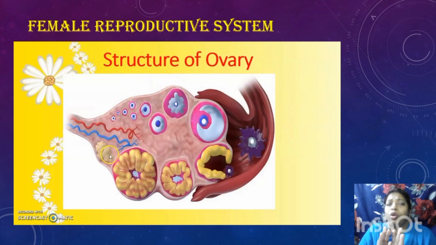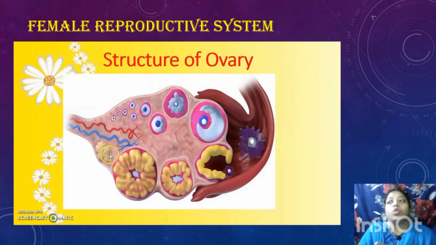We saw what the ovary is, where the egg is present, what its main function is, and what the uterus is. The ovary in the female reproductive system is the organ that contains an egg. And biologically, that egg is called an ovum.